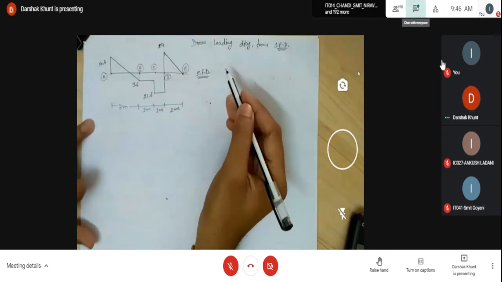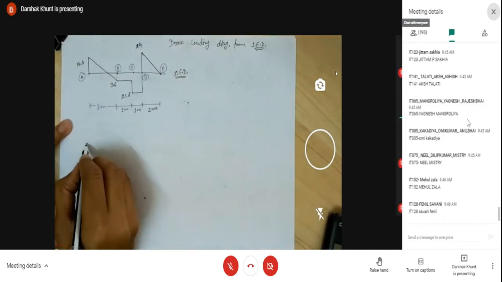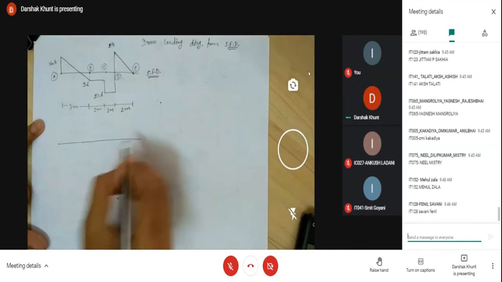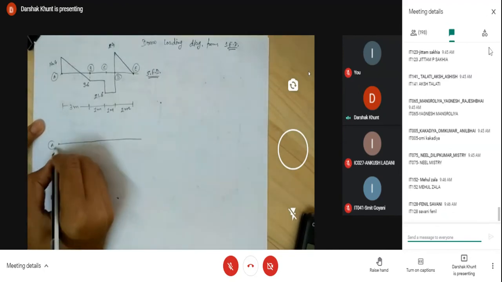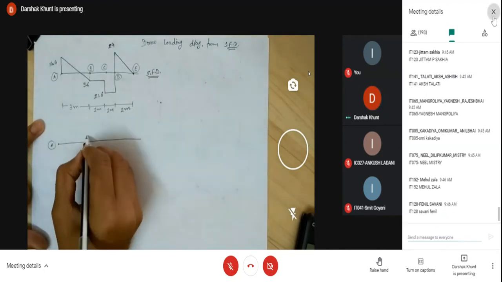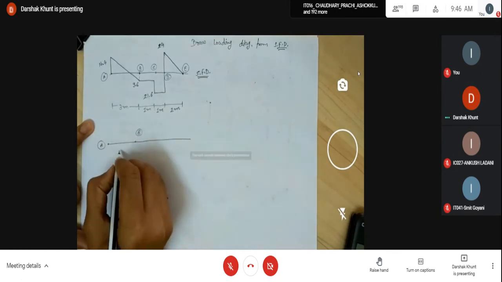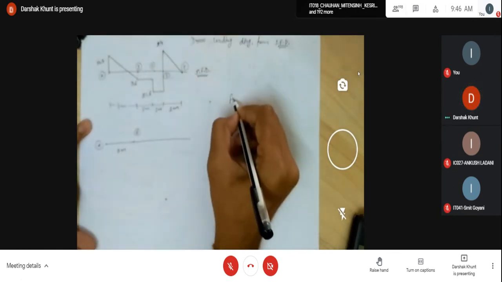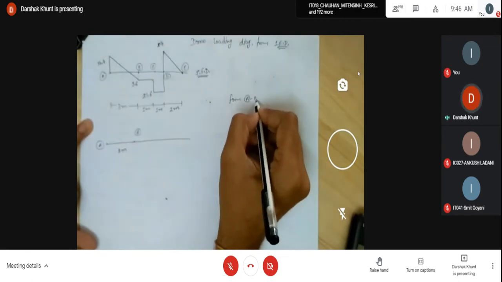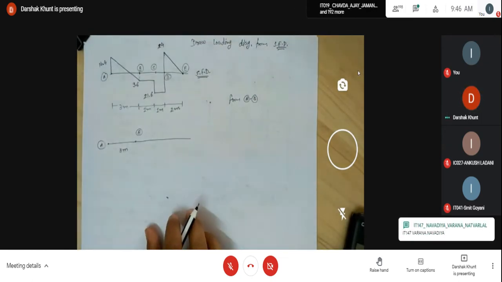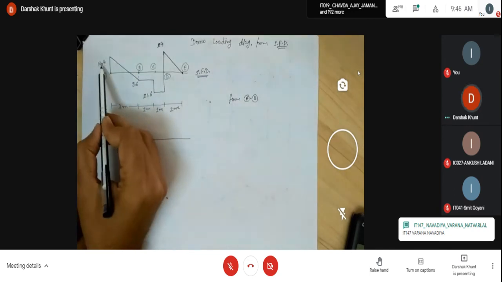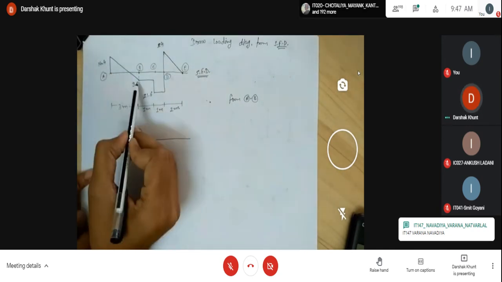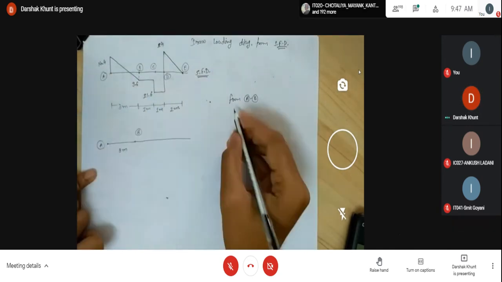Okay. So if you want to get the loading value, this is the point A, this is point B. Span is 3 meter. Okay. So from A to B, okay, change in the shear force value is plus 14.4 to minus 9.6.